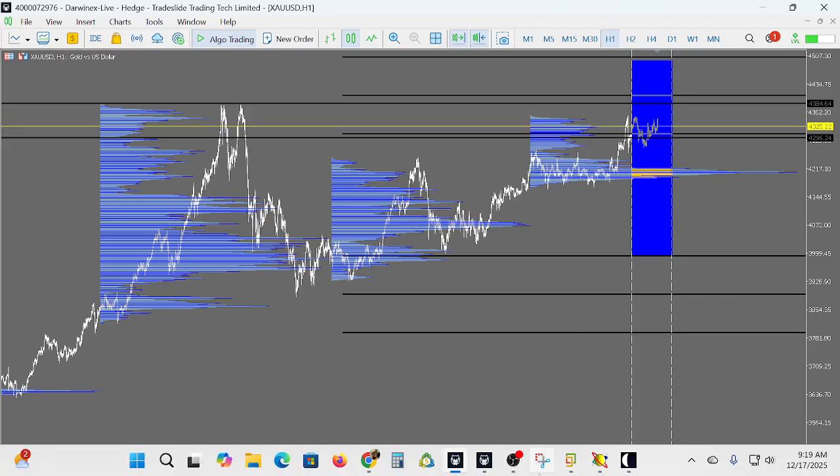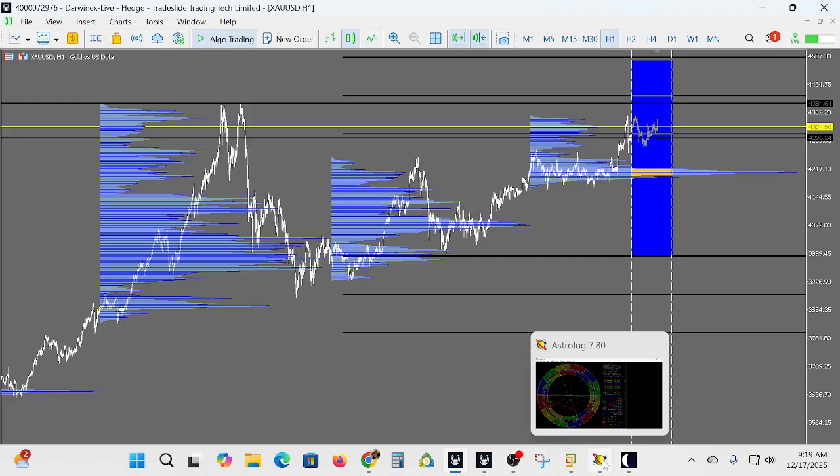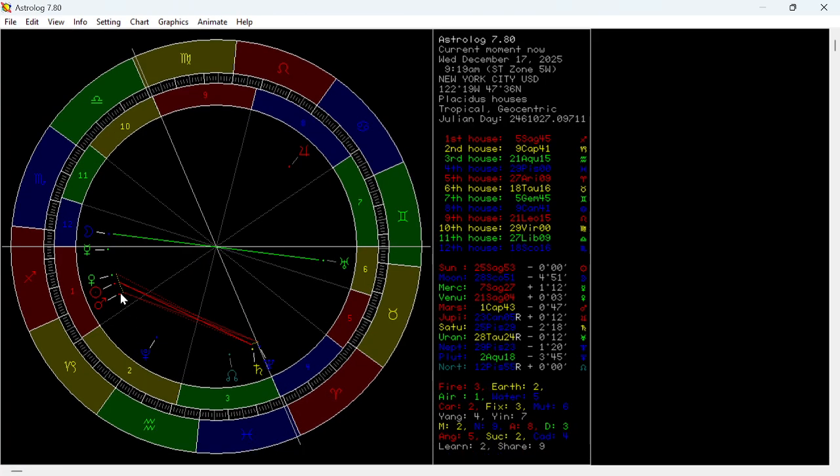Now, let's see another woo-woo element, as it's called in the field, because of the planets. Watch this, people. You see this formation right now? This is called a square. I have 1, 2, 3 planets in a square with these 2 planets.